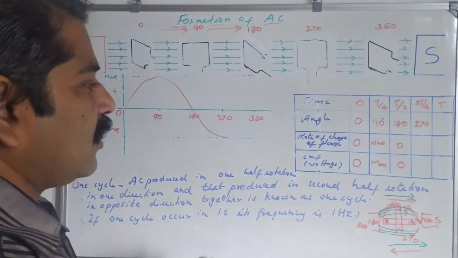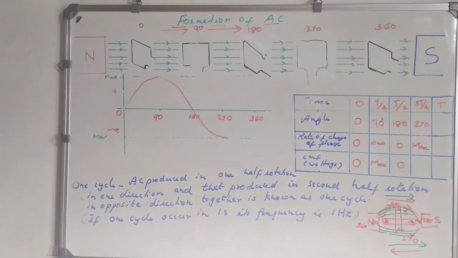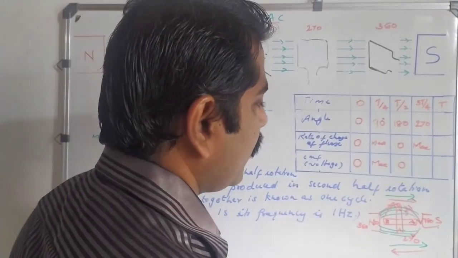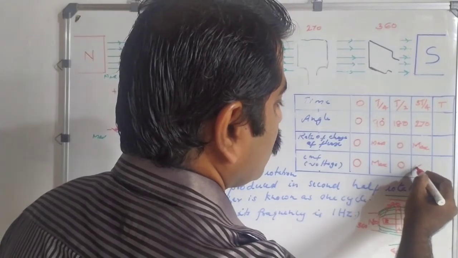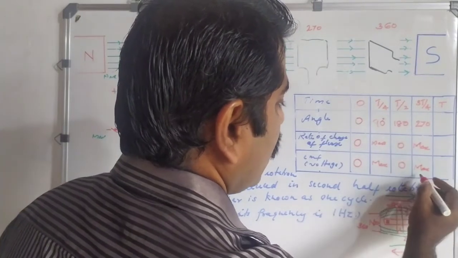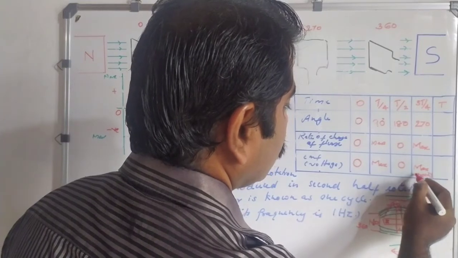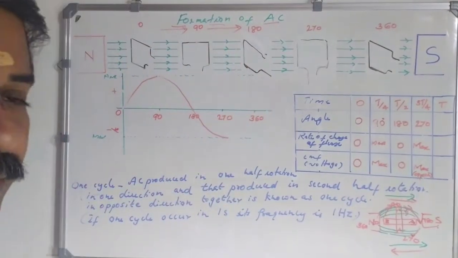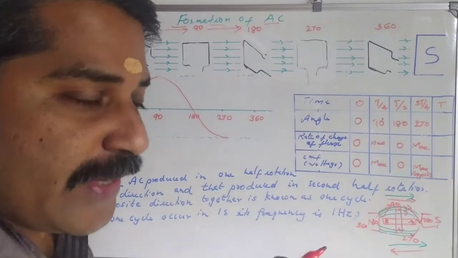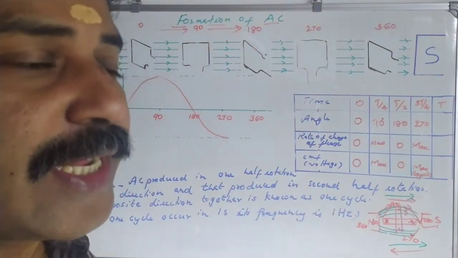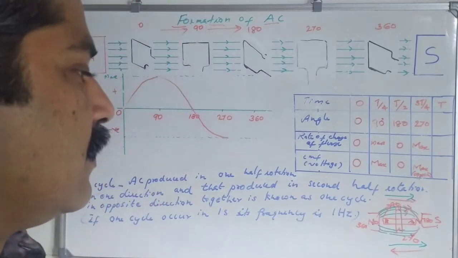Then the number of flux broken will be maximum at 270, and the induced EMF is also maximum, but it will be in the opposite direction. When the armature starts to move from 180 to 270, the direction of induced EMF changes.